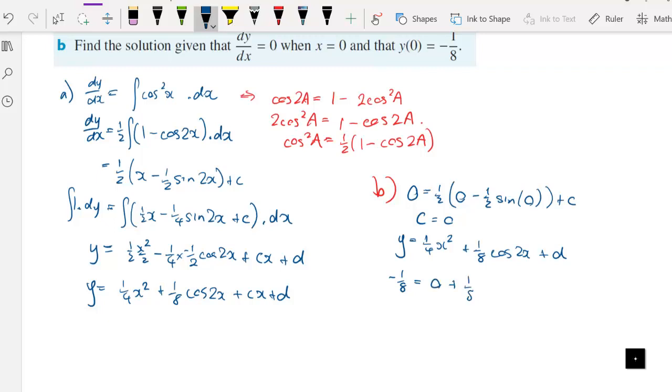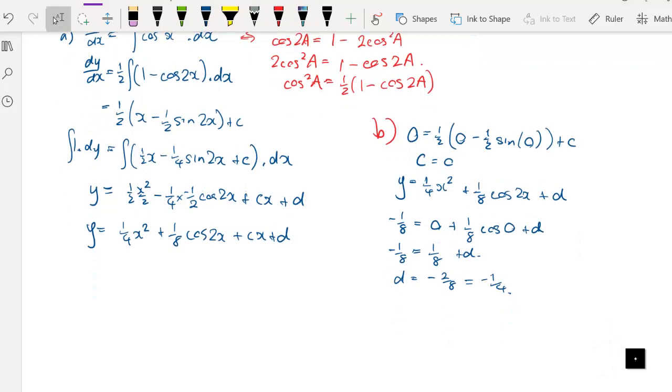The second is 1/8 cos 0. Then we have plus d. So we've got negative 1 on 8 is equal to positive 1 on 8 plus d. So d will be negative 2 on 8 or negative 1 on 4.